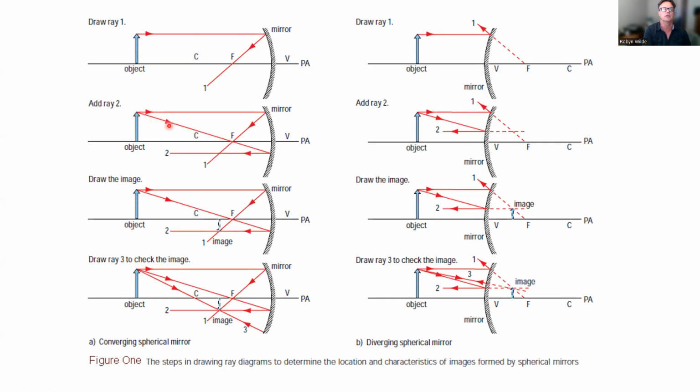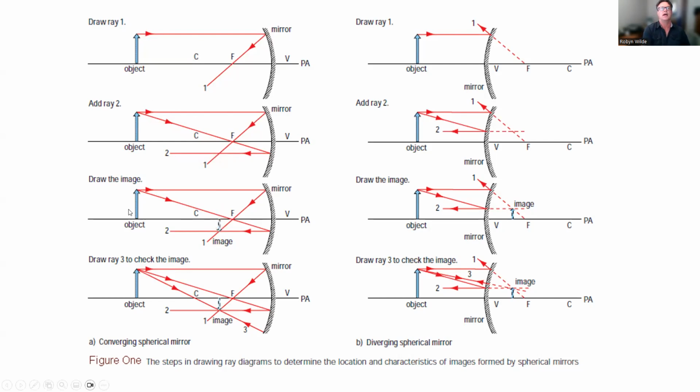We're going to add ray 2. It's going to go through the focal point. So we're kind of just going backwards from the first ray. If it goes through the focal point, it will hit the mirror and come out parallel. Now you can see right away where the image is going to be. The top of the image is going to be right where those two reflections cross. And you can draw that image just as an upside down arrow with its top at the crossing point.